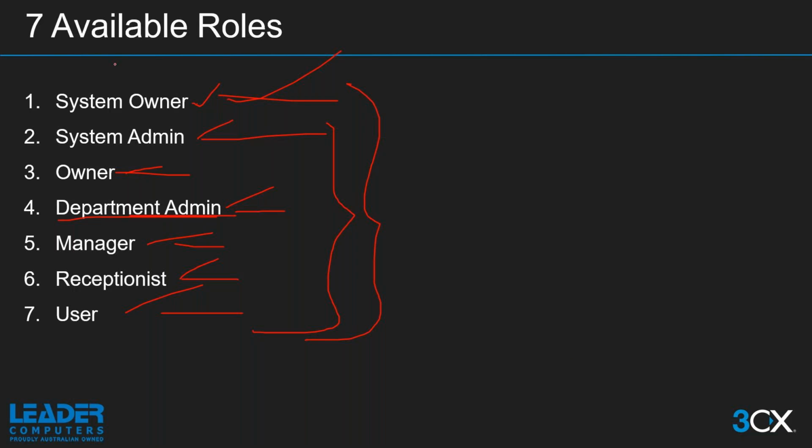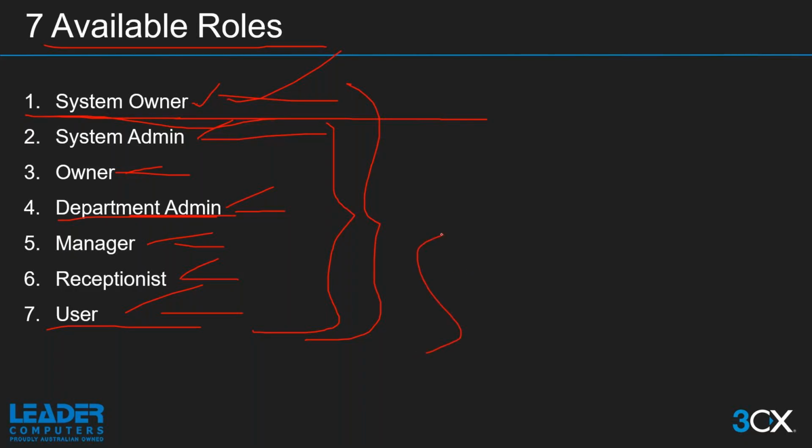And roles. There are 7 available roles, ordered from the lowest priority to the highest. The user basically has the lower access levels, and system owner is the highest one. Whenever you're creating a new system, the first user that's created will be a system owner, and a system owner has access to create other system owners or set other users below.